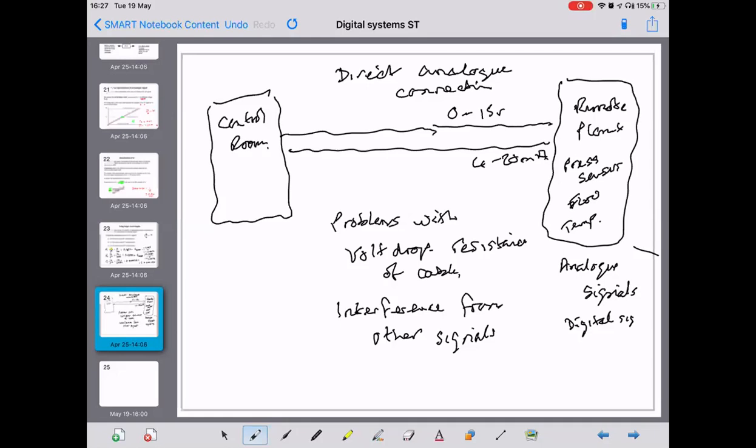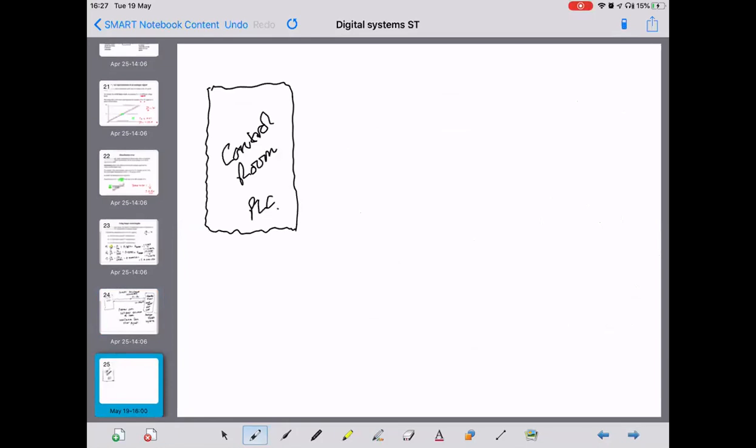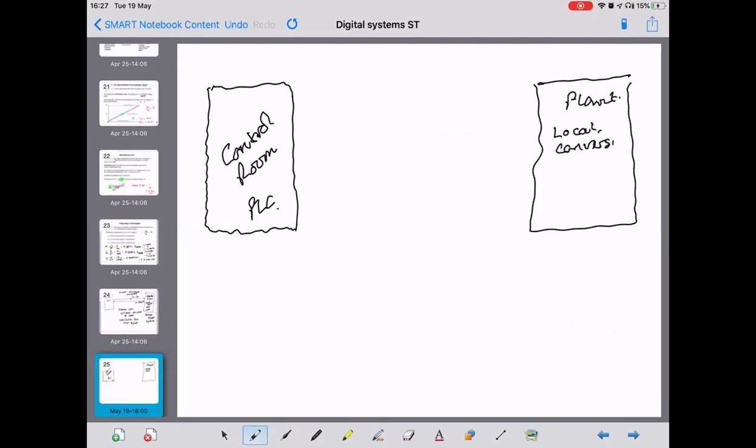Okay, if we switch to the control room again, and you've got your PLC in there, and then you've got your plant, we have local conversion of analog to digital.